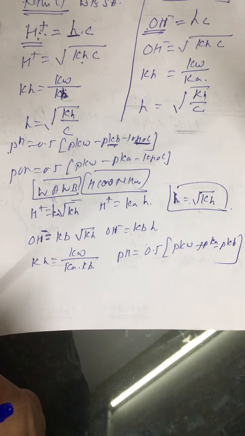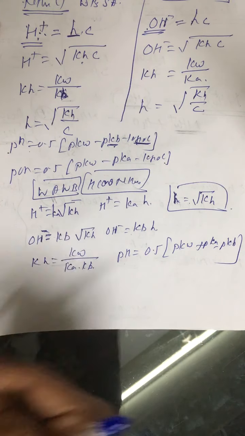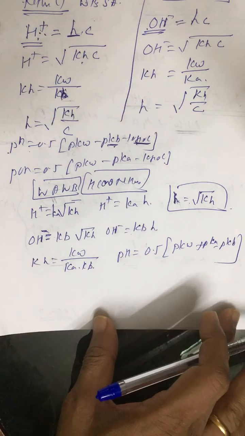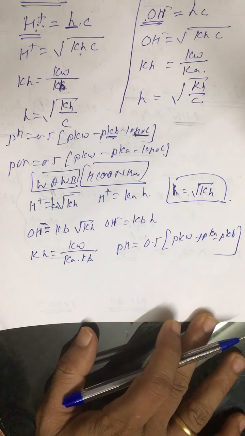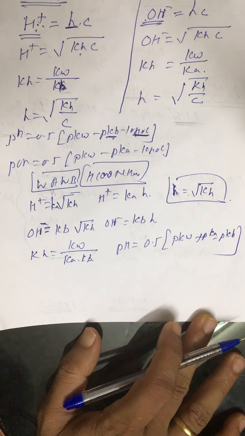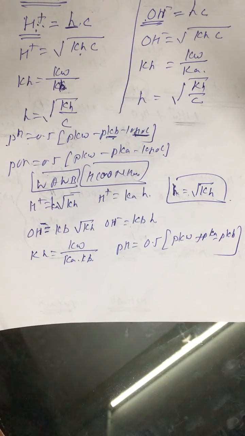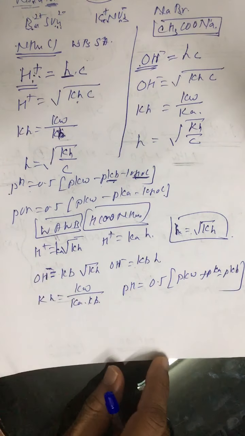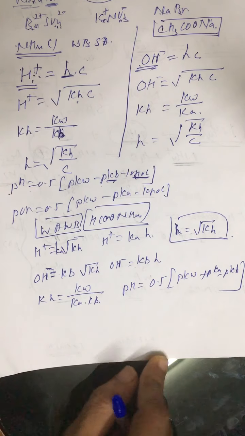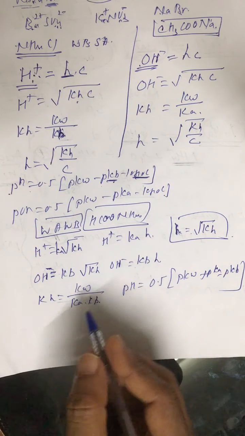Weak acid weak base salt itself behave as buffer in ammonium formate solution or ammonium acetate solution, etc. They behave like a buffer. Okay, so these formulas are useful. You can put the value and you can calculate the pH. If you are given some numerical, you can directly calculate pH value.